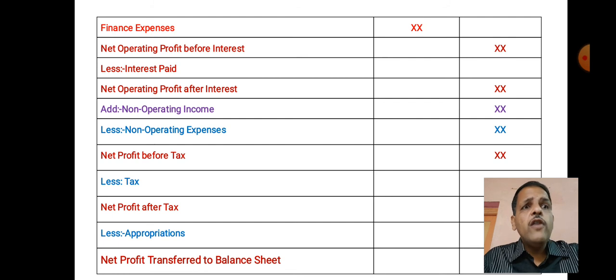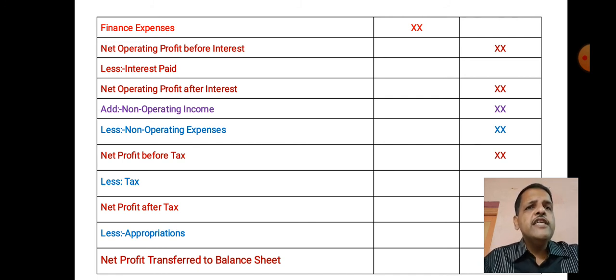They are all finance expenses. After deducting these operating expenses from our gross margin or gross profit, what we will get is net operating profit before interest.